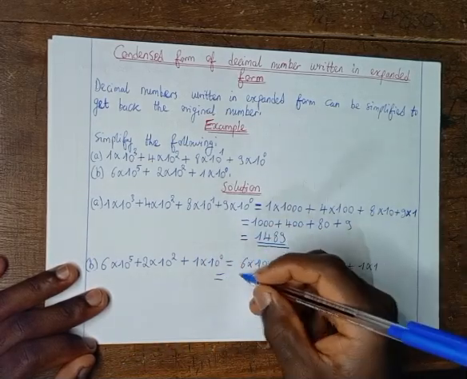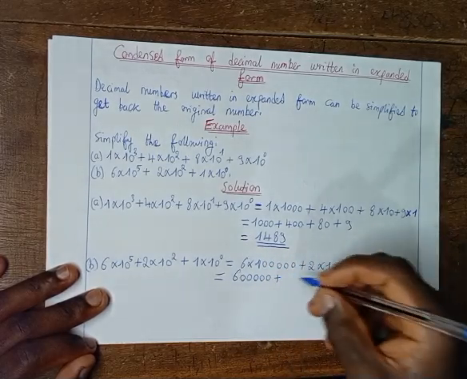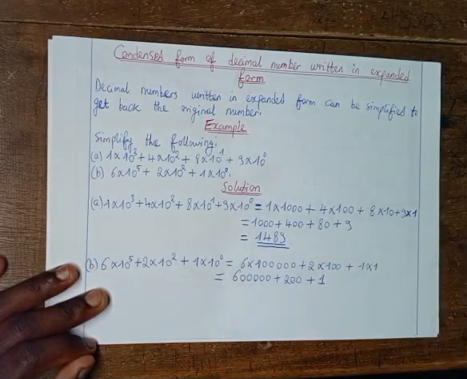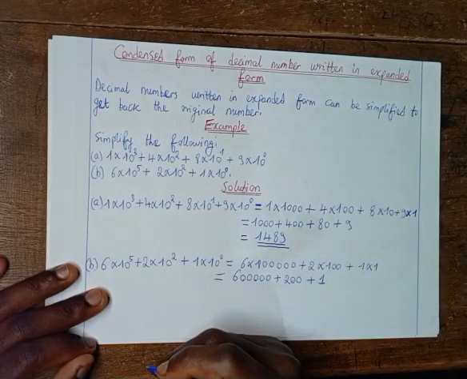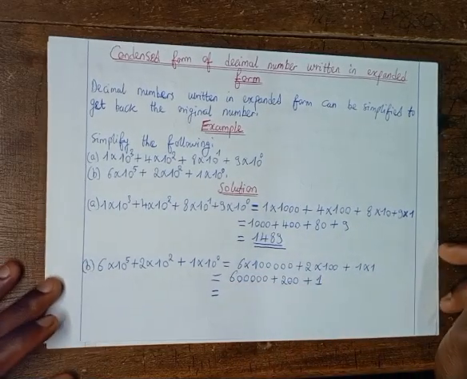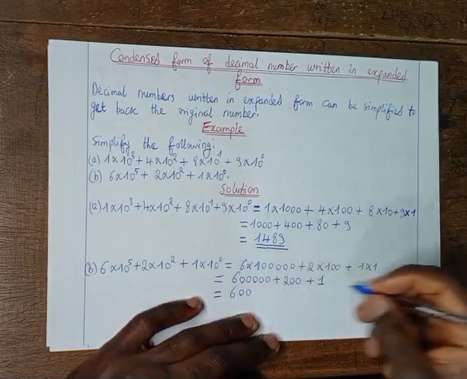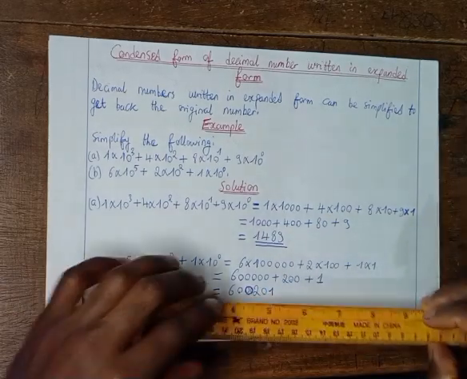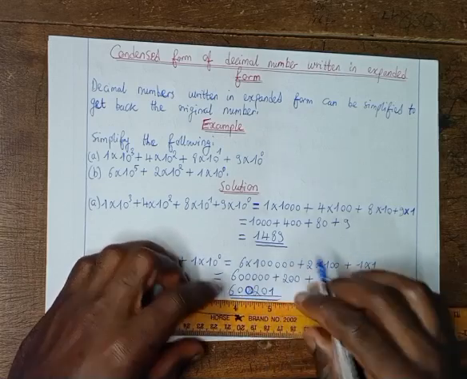This will give us 6 times 100,000 gives us 600,000, plus 2 times 100 gives us 200, plus 1 times 1 gives us 1. Next we have to add: 600,000 plus 200 gives us 600,200, plus 1 gives us 600,201. This is the result.